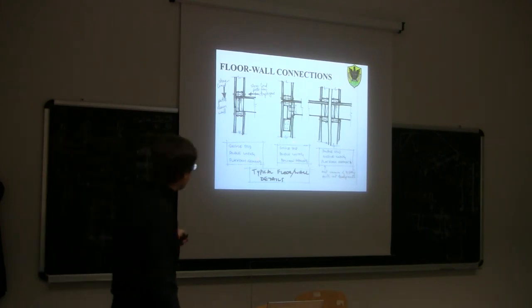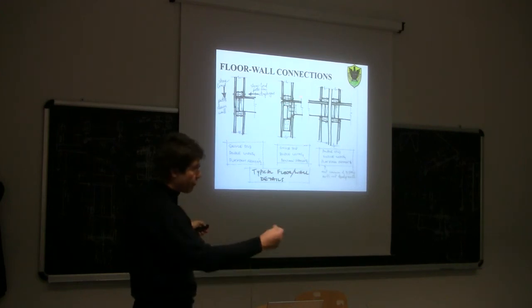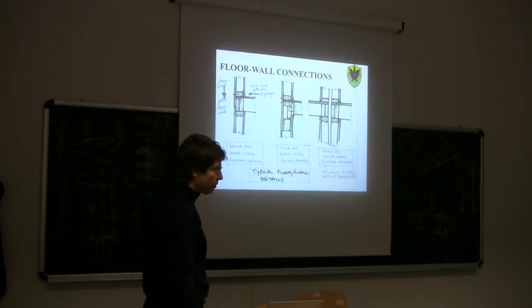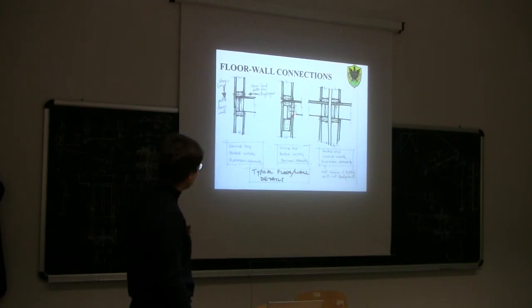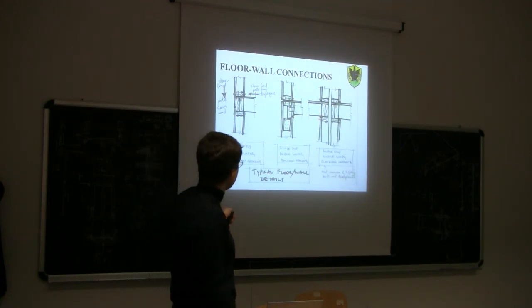In this case, we have continuity of the wall, and the floor is supported from the side of the wall. This is more complex to construct, but it's more effective in this case. At the right end, you have platform framing with double wall, which is the most common for multi-unit development.